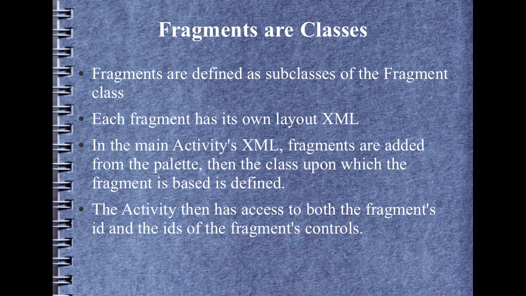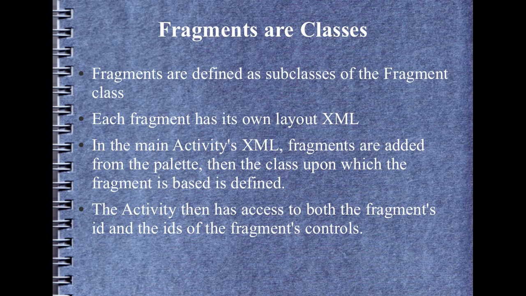So fragments really are classes. They are defined as subclasses of class Fragment in the Android API. Every fragment has its own layout XML file. And then in the main activity's XML, when we're creating the application, we drag a fragment from the palette out to the interface, and then we define the class upon which that fragment is based.